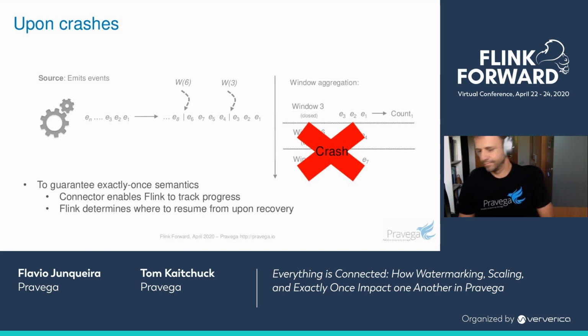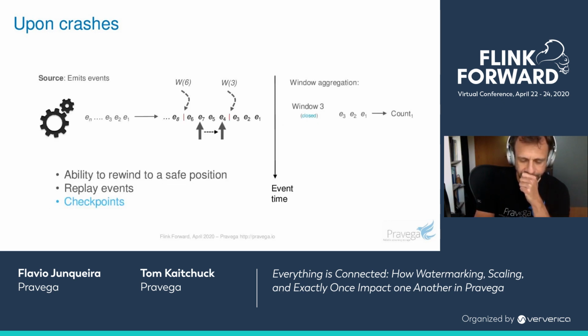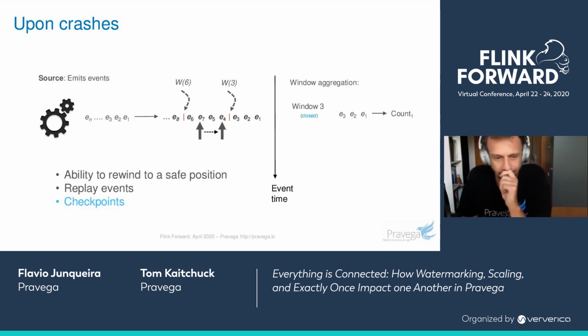So the way that Flink does this is it expects each connector on the source and the sink side to track where they are and to be able to resume upon recovery from a particular point. And that notion is called checkpoints.